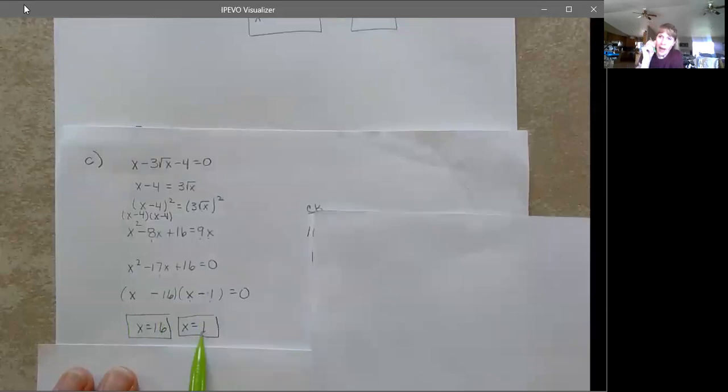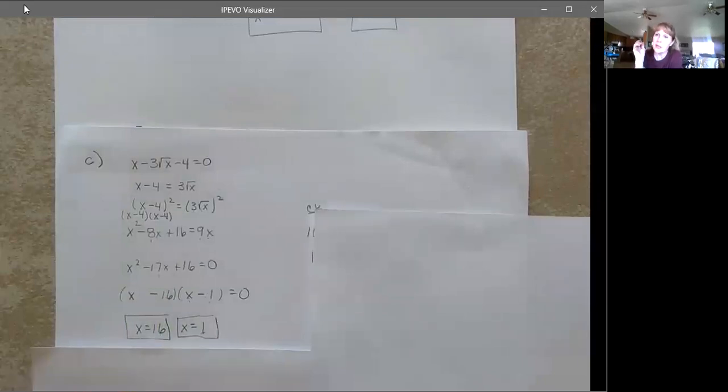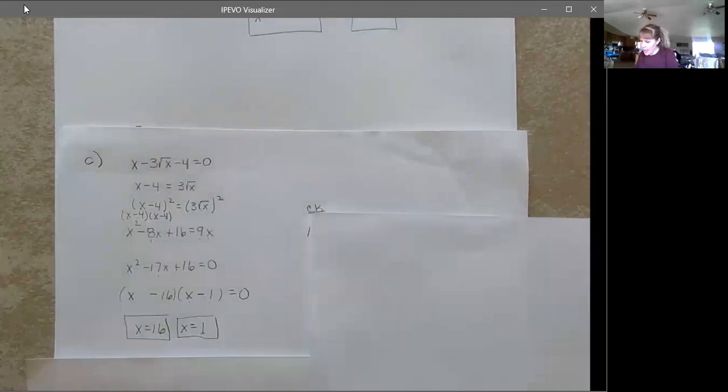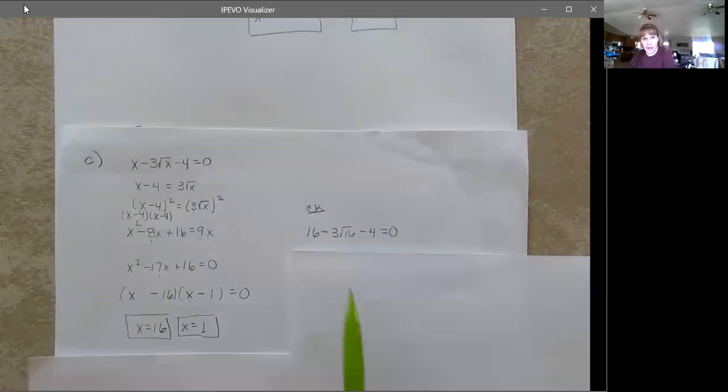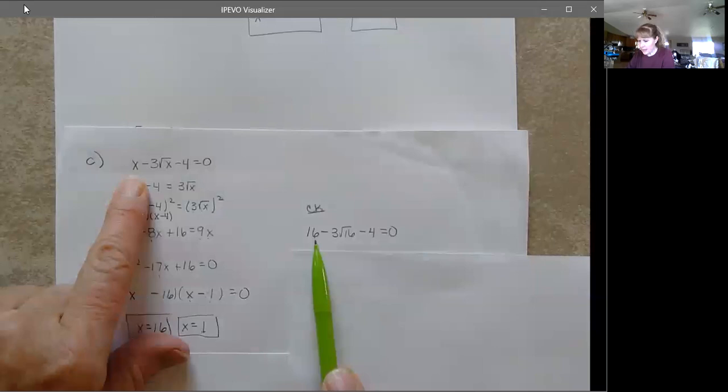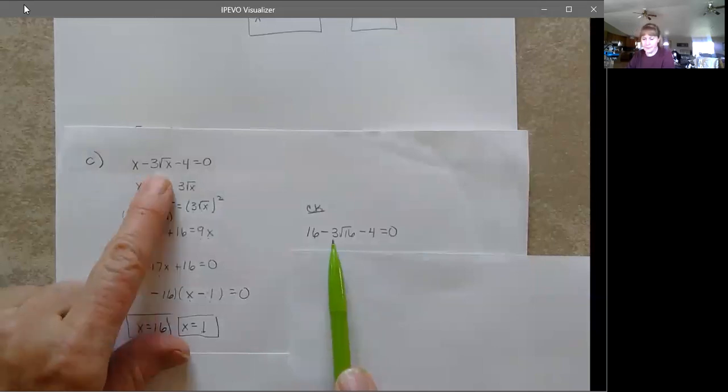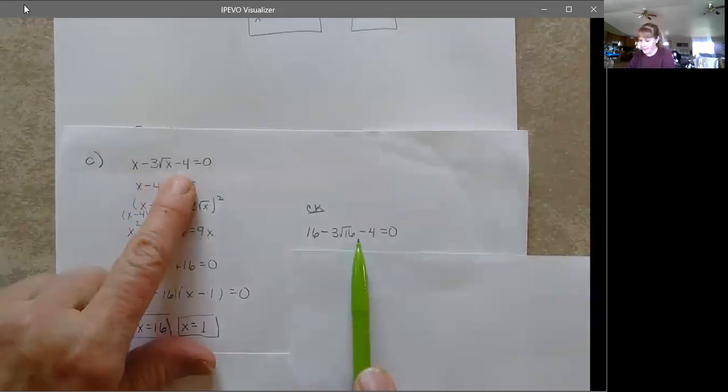Okay, when you have a radical in your original, or you have a fraction in the original, it's imperative that you substitute your answers back in and check it, because there's a risk of one of these numbers not working. So with the check, I put 16 in for x. 16 minus 3 times the square root of 16 minus 4 equals 0.